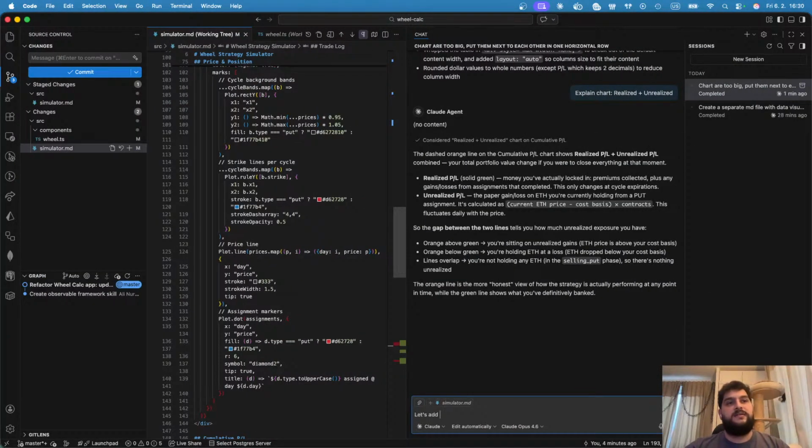Let's add the inventory tracking then, because I don't see yet how unrealized P&L is, or where the P&L comes from.